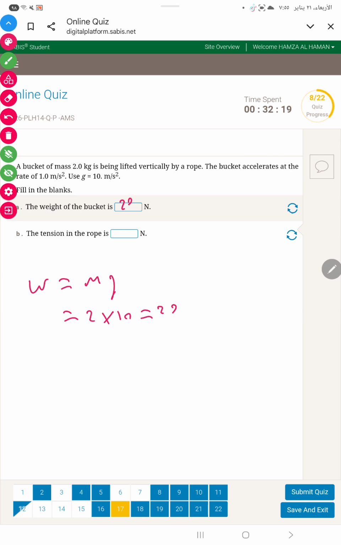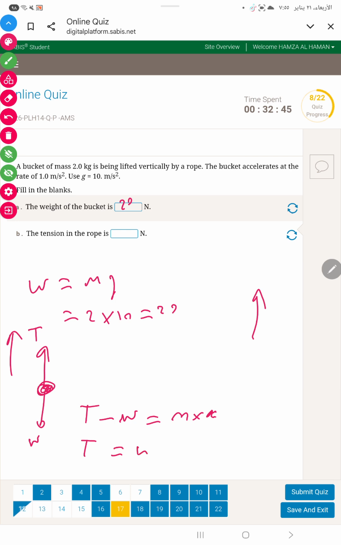The tension in the rope. The motion is upward. This is the free body diagram. The tension is up. The weight is down. Since it's accelerating upward, this means tension is greater than weight. So tension minus weight, that's the resultant force, is equal to mass times acceleration. Tension, we don't know it.